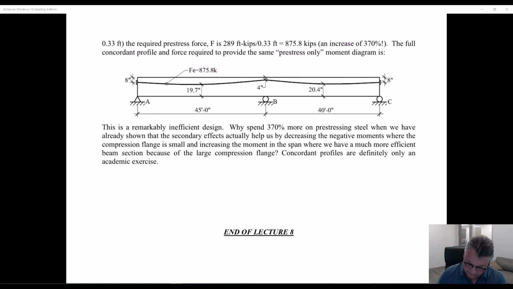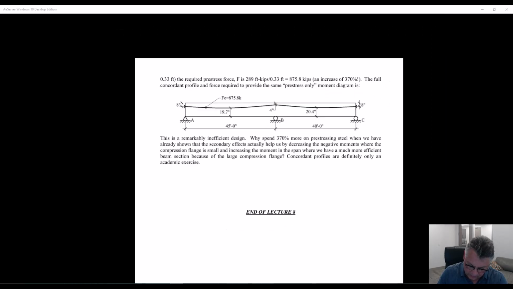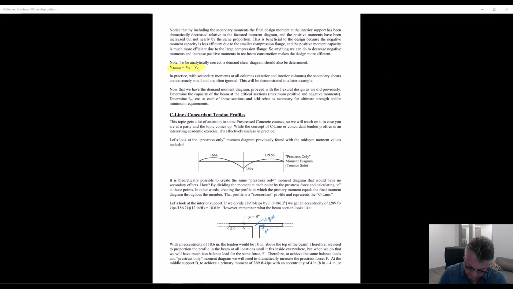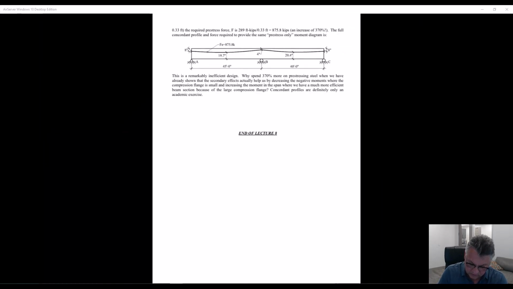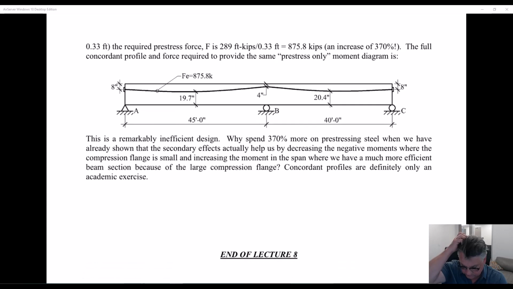That was determined based on this condition. Now if I take the positive moments and divide by that new force, I get the eccentricity required there. Based on the eccentricity required here, and I'll let you work on this, that creates 19.7 inches from the bottom.